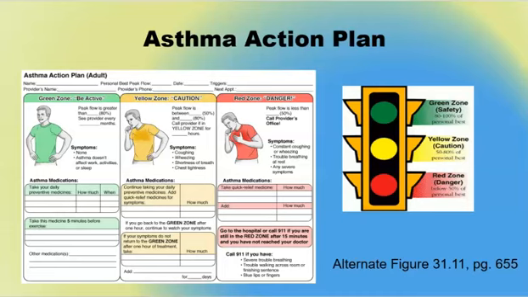So let's just assume you're in the yellow zone, okay? The yellow zone, the peak flow, that's that peak flow meter that we just talked about, needs to be between 50 and 80% of your baseline. And that can be a little confusing. So the only way that this asthma action plan can work is if you understand what your baseline is. That's what you feel on your very, very best days. Okay?